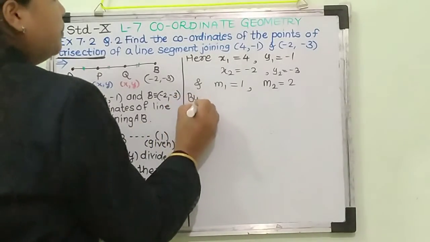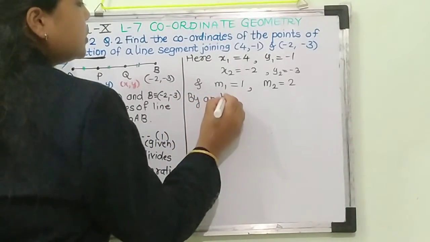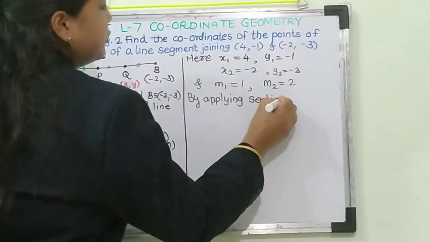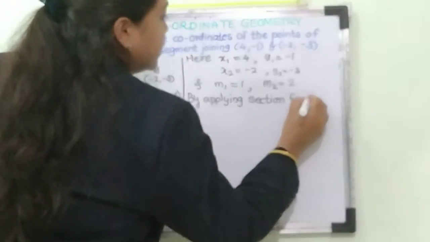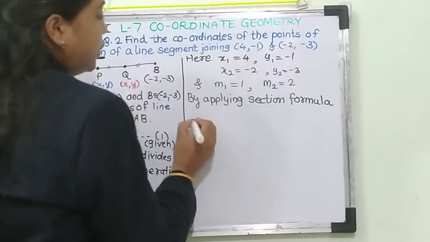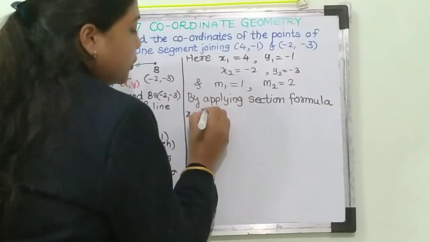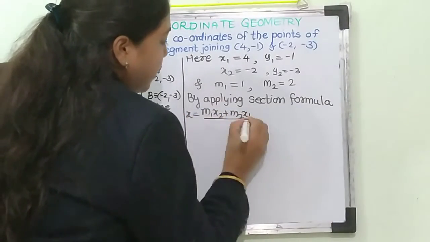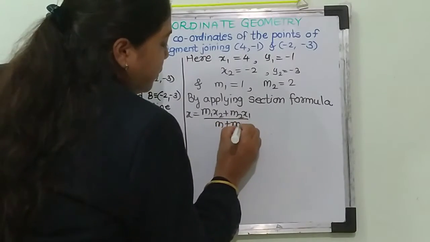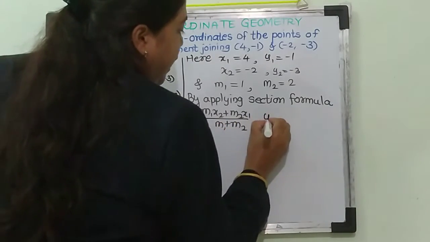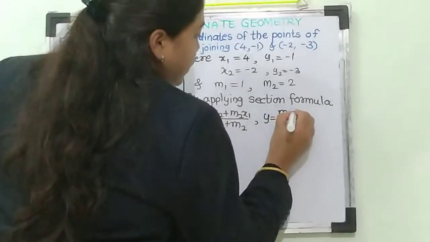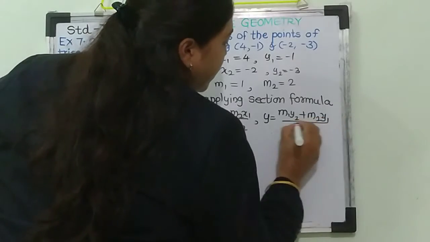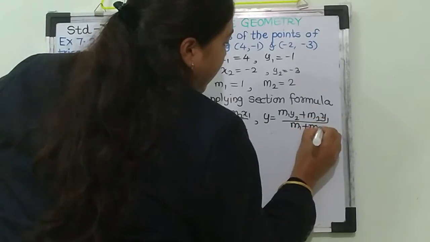Now by applying the section formula, we write x equals m1 x2 plus m2 x1 upon m1 plus m2, and y equals m1 y2 plus m2 y1 upon m1 plus m2.